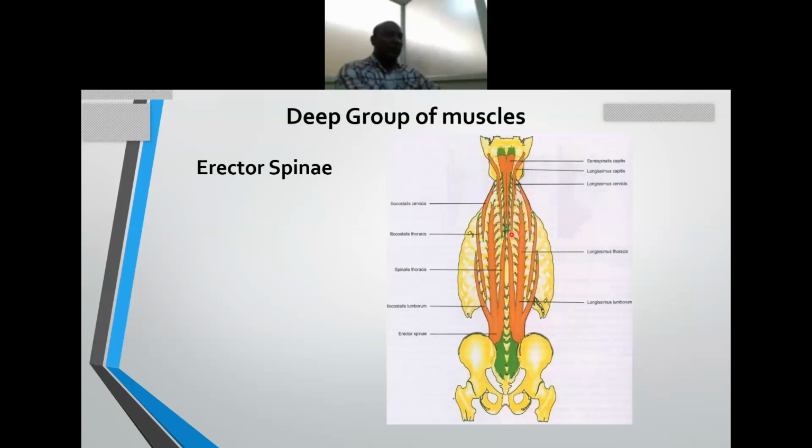Parts of which also extend upwards as the longissimus capitis and longissimus cervicis. Okay, and these are longitudinal muscles which are very powerful and are required for complex types of movements, like when you bend forward and flex your torso.